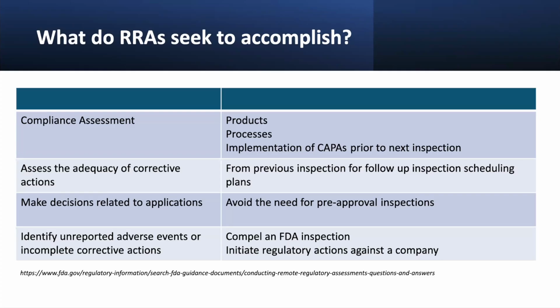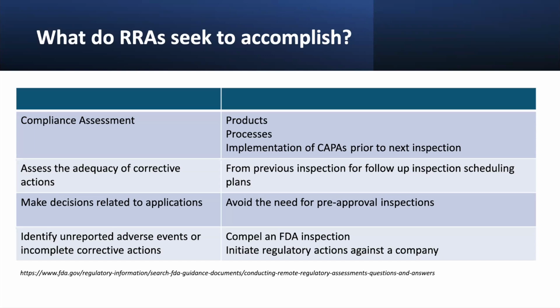And now the FDA can also make decisions related to applications. So let's say you have a pending approval for a product, and then the FDA, instead of considering another inspection, because let's say they did an inspection last year and everything went well, and FDA doesn't want to repeat another inspection within a year, which is something that you have to keep in mind.